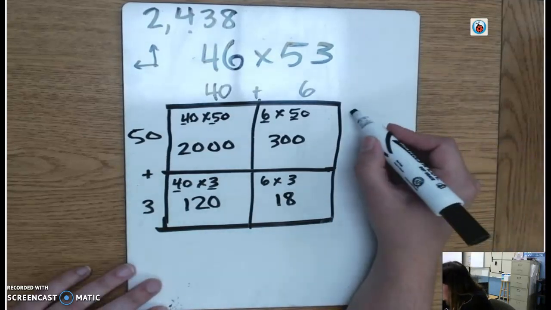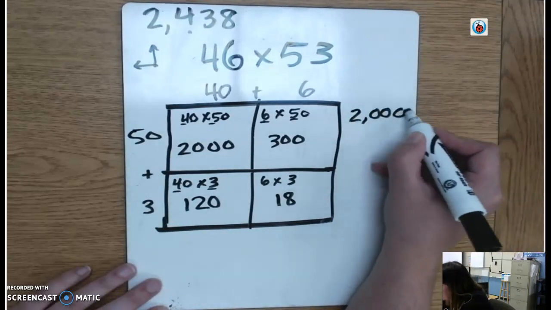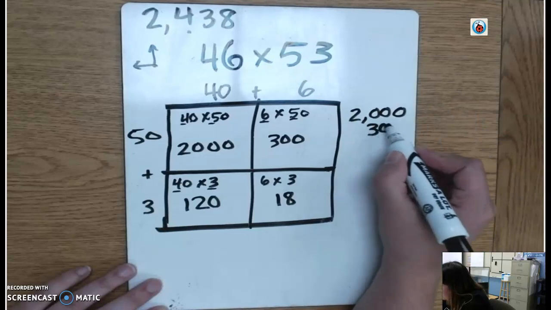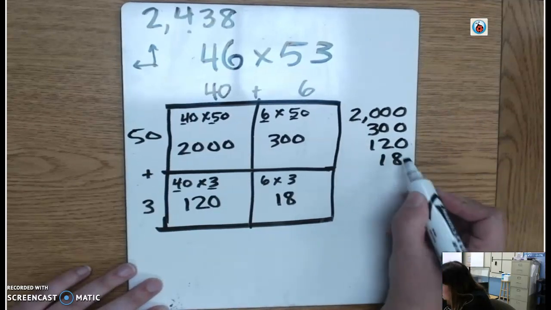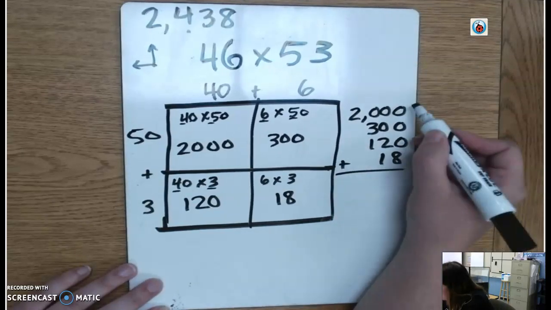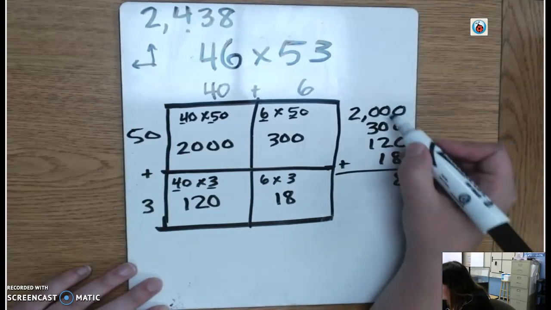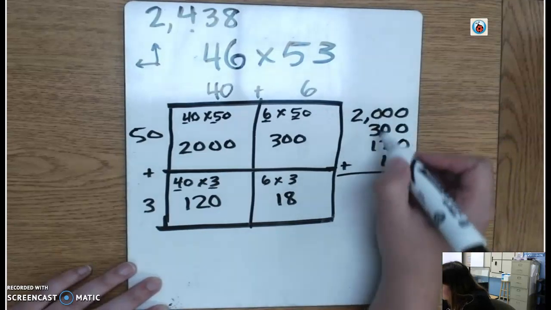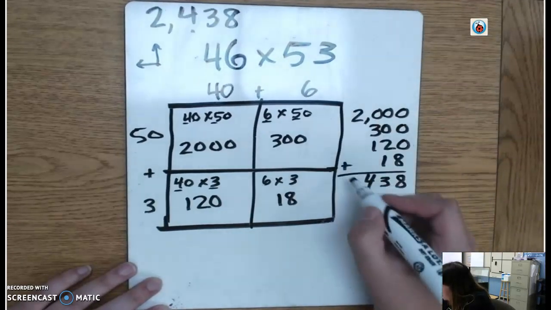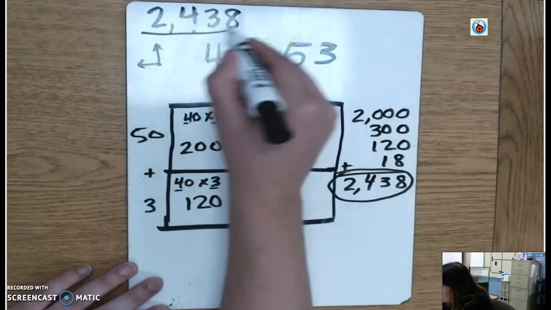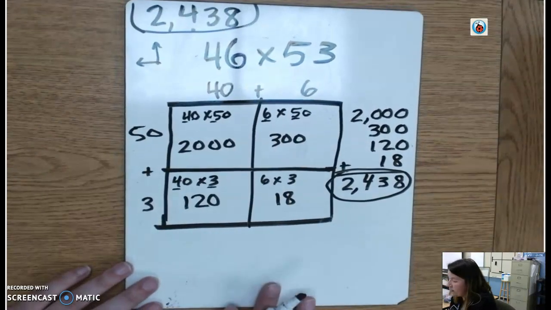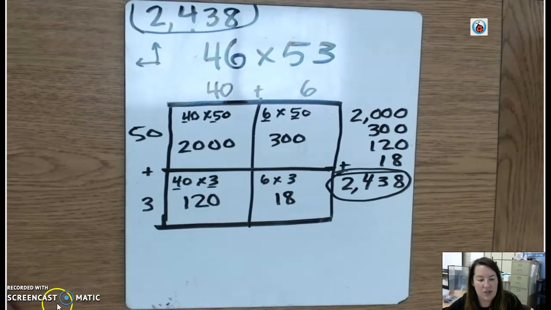Last step is to add all of those pieces up. Make sure you line them up correctly. And let's add. Have an 8, a 3, a 4, and a 2. So we still get the same answer as before using all 3 strategies.